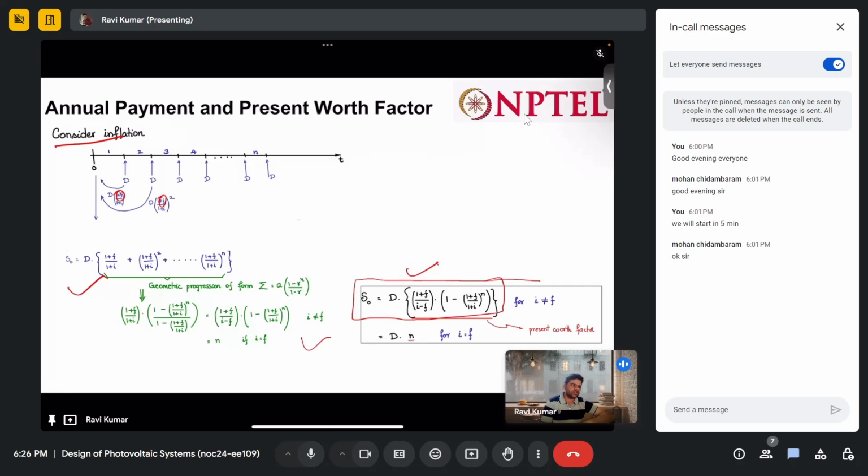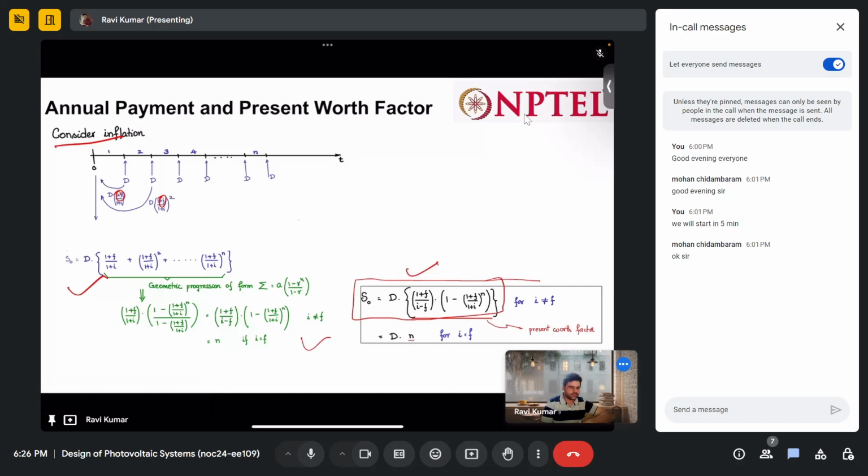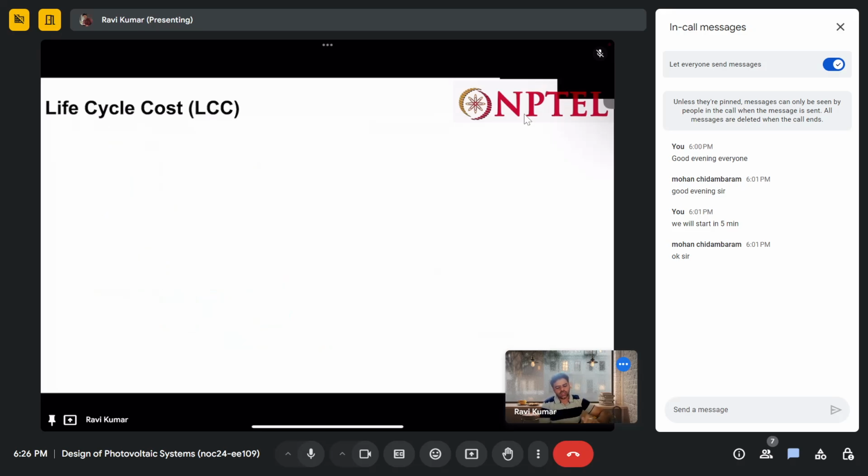Initially you will purchase the solar PV module, then you will purchase all the system, then you will do maintenance. Okay, so there are components of this LCC. We will see what those components are.